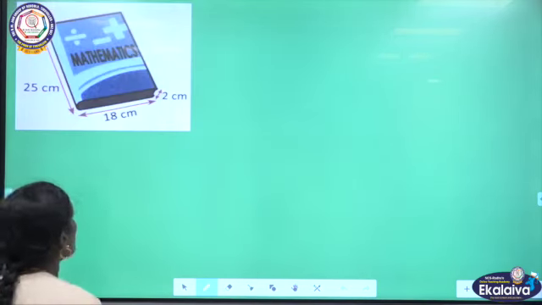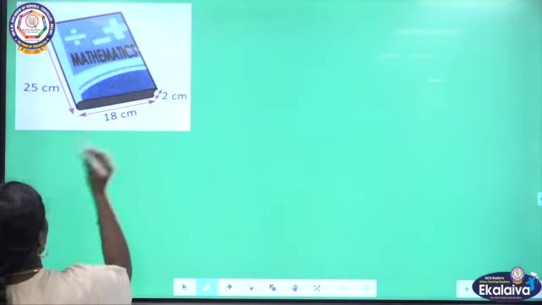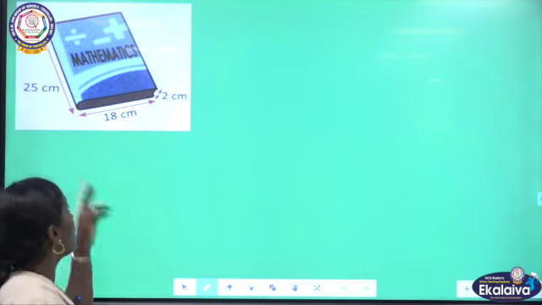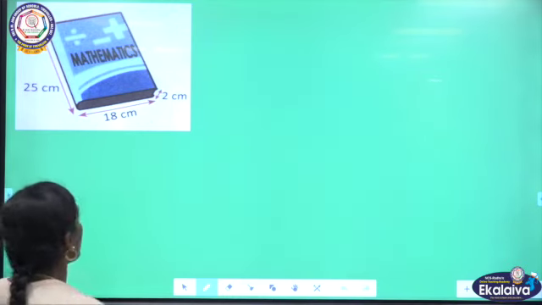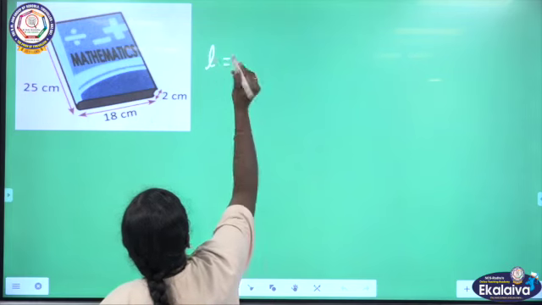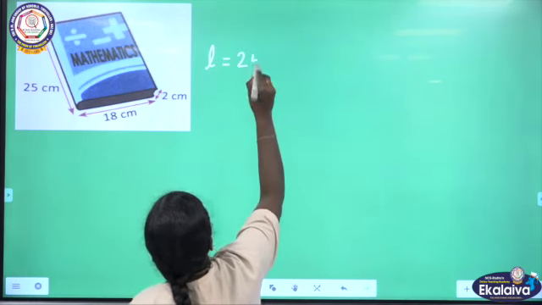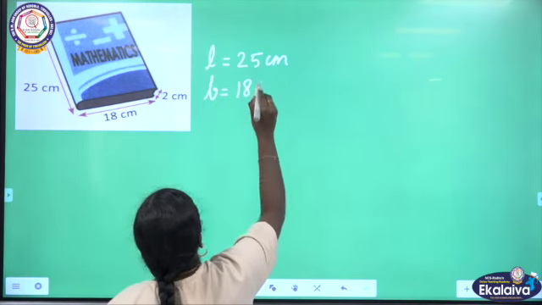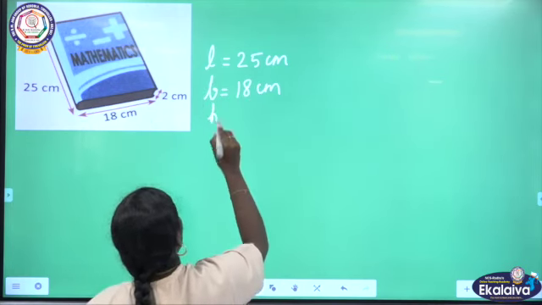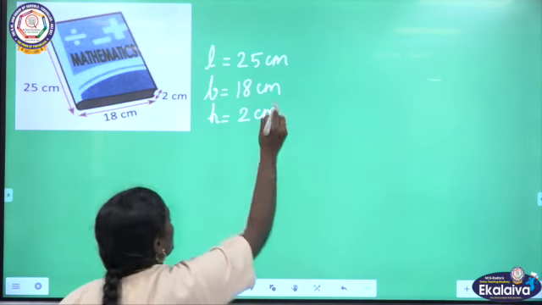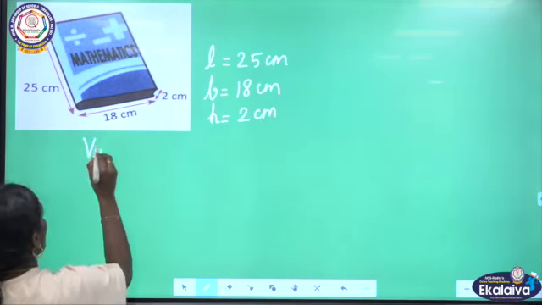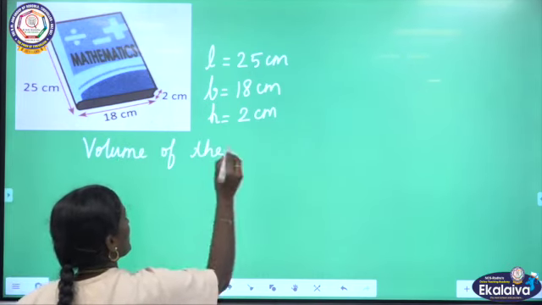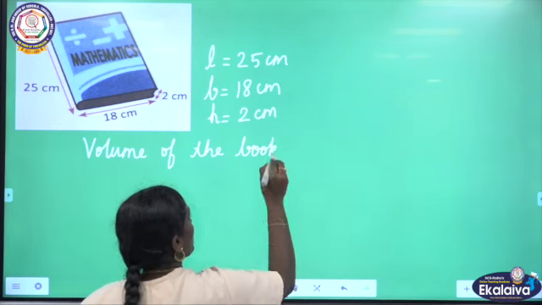Then the next one. Here book is there. Length is 25 centimeter, breadth is 18 centimeter and height is 2 centimeter. The shape of the book is cuboid. So we are going to find the volume of the book.